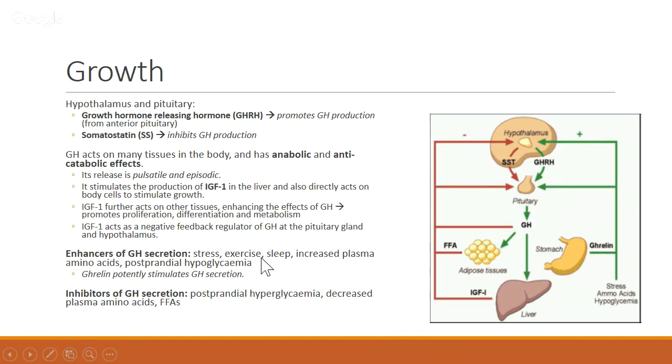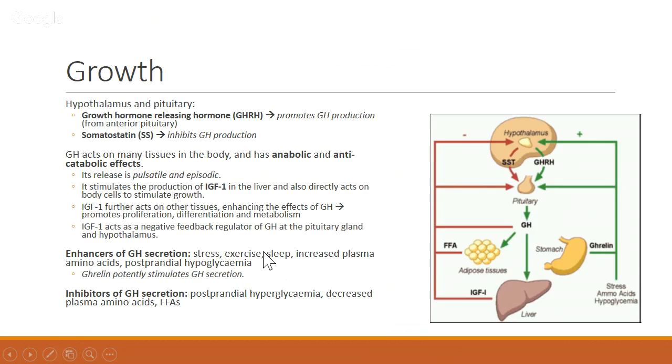The factors that stimulate growth hormone secretion aren't very intuitive, so just look through them. To figure out whether it's postprandial hypo or hyperglycemia, you just think that growth hormone increases blood glucose. So it's going to be in postprandial hypoglycemia, so as to increase glucose to restore it back to normal levels.